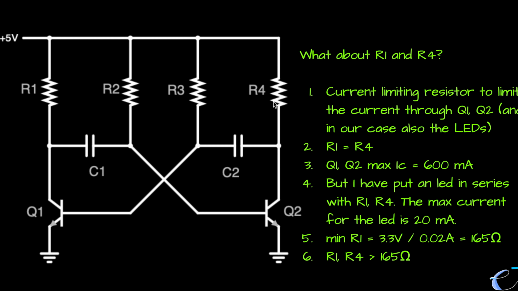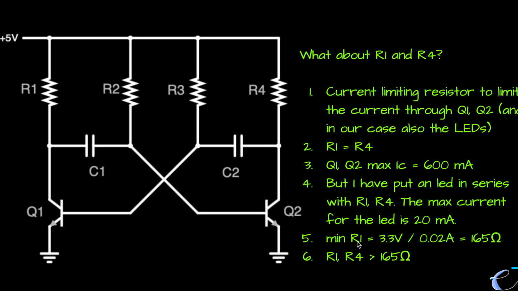So not only should we look at the current limit for transistors Q1 and Q2, we should also look at the current limit for the LEDs. And the current limit for the LEDs is much lower than for this transistor. So we will take 20 milliamperes, which is the current limit for the LED, to do our calculation. And calculating, so our input voltage is 3.3 volts.